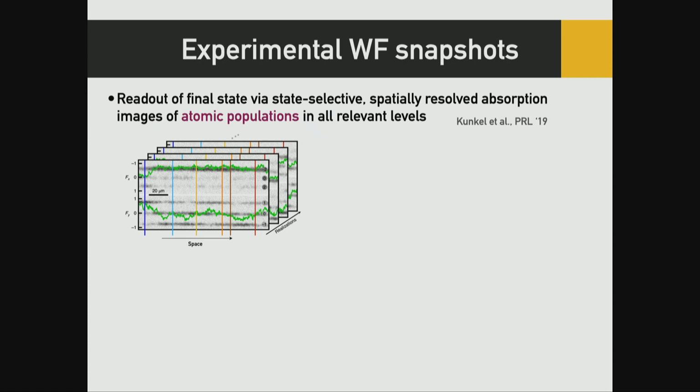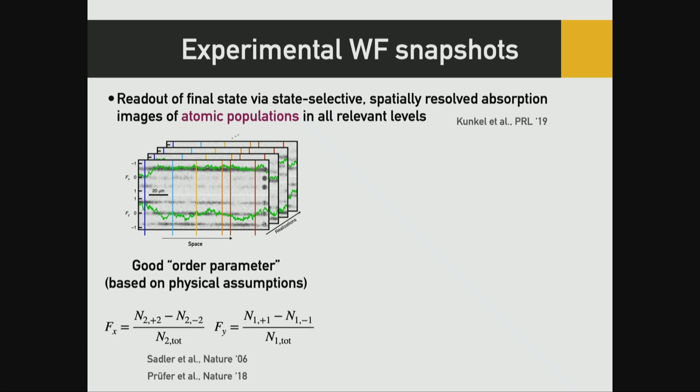And then in this experiment, they can take these state-selective, spatially resolved snapshots of atomic populations or densities in all the relevant levels, and these are the kind of snapshots that we are going to analyze here, where you see these gray rows over there corresponding to different levels, and like I said, these are just atomic densities in the different relevant levels.